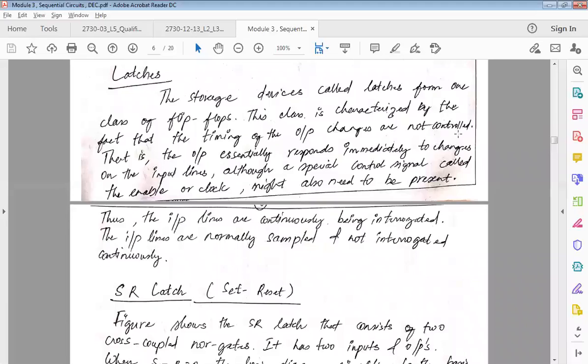The output changes are not in control. That is, the output essentially responds immediately to changes on the input lines. So whenever there is a change in the input line, your output will immediately start varying. So that is one downside of latches.